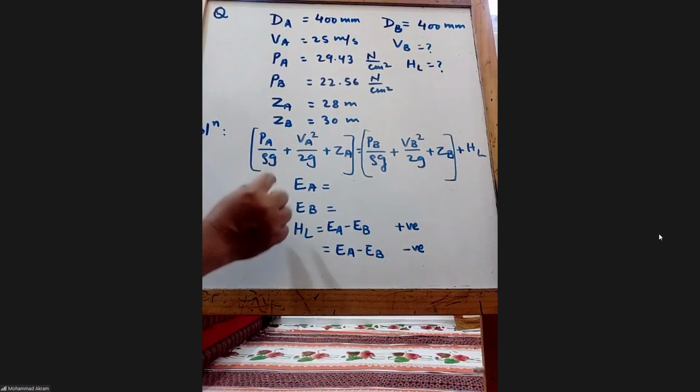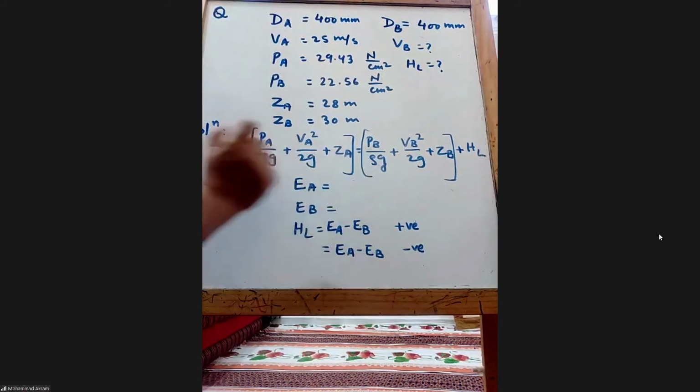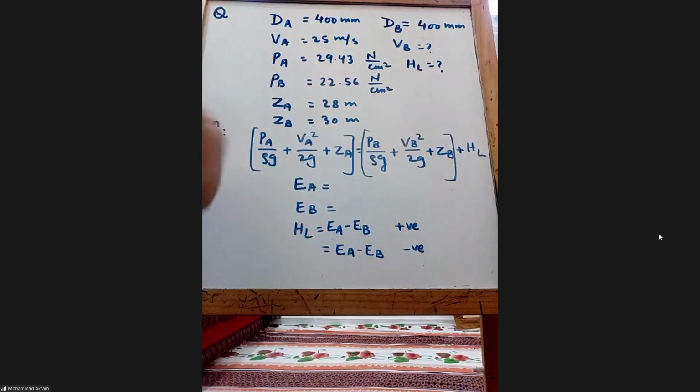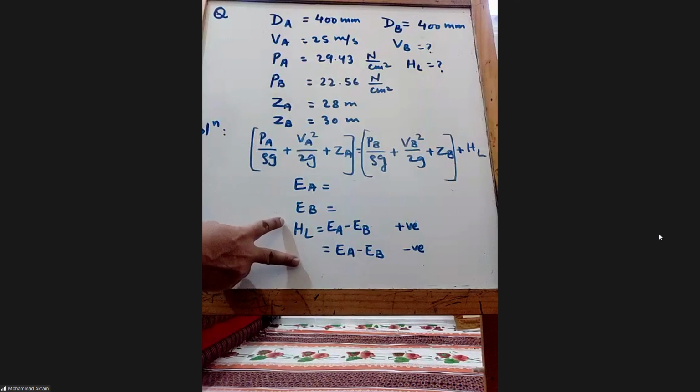Energy at B is higher than A, right? That means the flow is from B to A, not A to B. Is that clear? If it is given that it is going from A to B, no problem, so by default it will come positive.